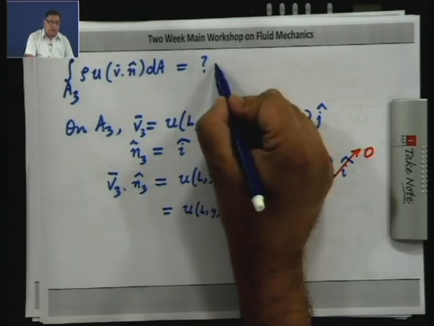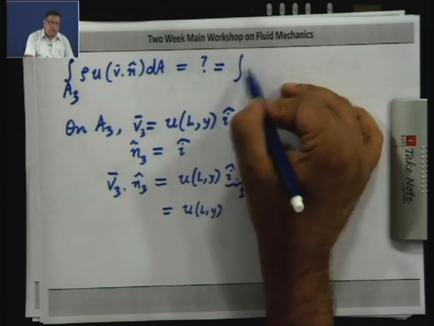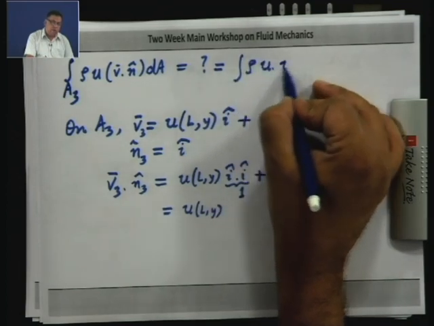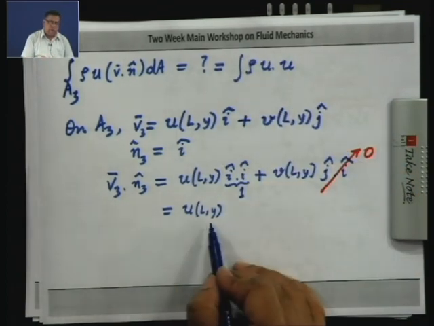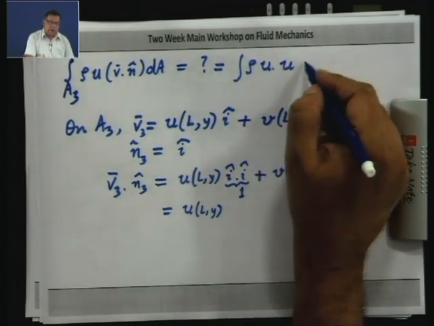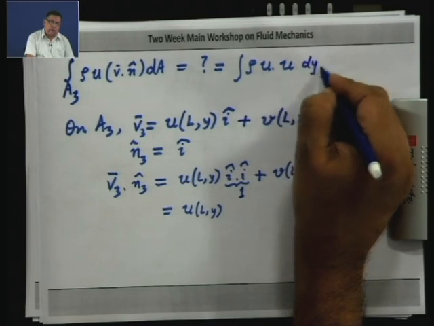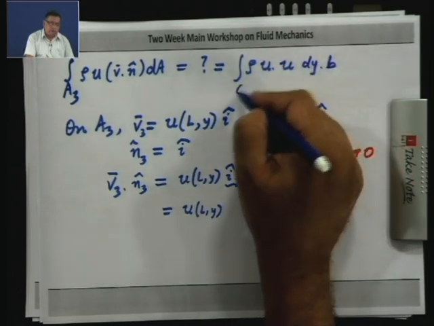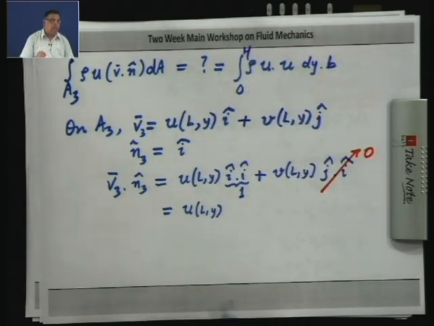So, this is simply u at L, y. So, this integral which you want to find will be the integral of rho u into u. V dot n is nothing but u. Of course, this is u at x equal to L, and this we can write as dy into b. Now, you have to integrate from 0 to h.